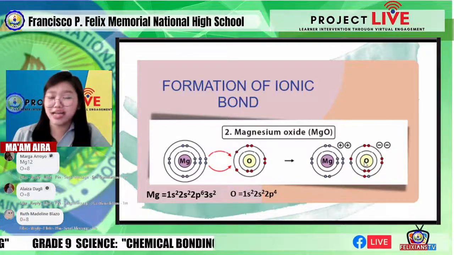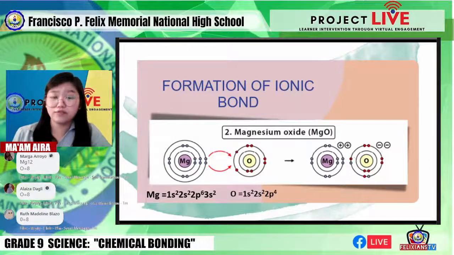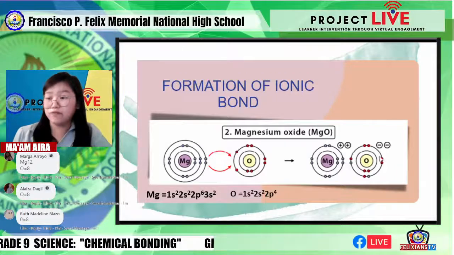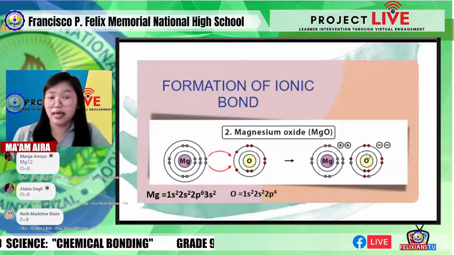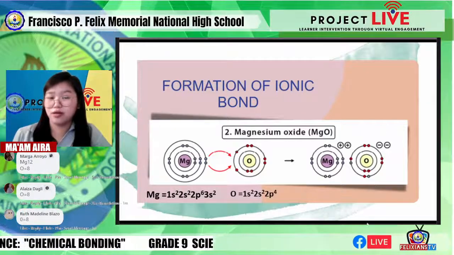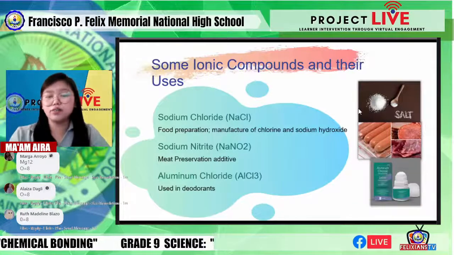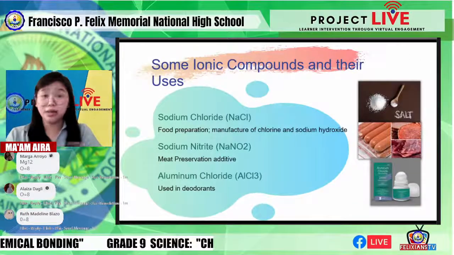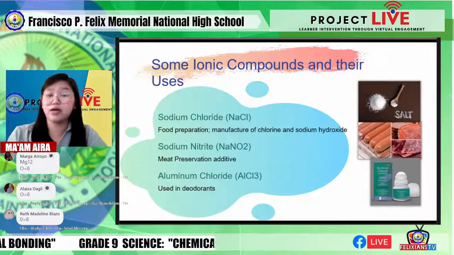For oxygen atom, since it received the 2 electrons from the magnesium, it would have 2, 4, 6, 8. 8 valence electron, therefore, stable. Okay? So those are just some of the examples of elements that undergo ionic bonding for them to become stable.